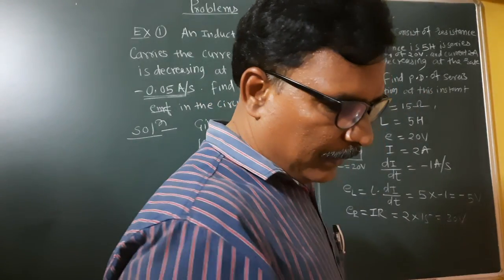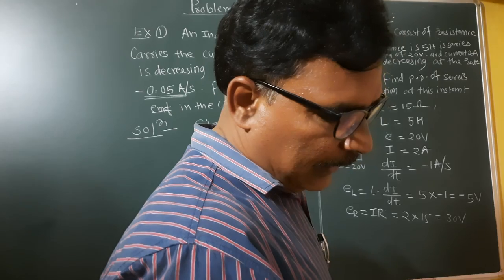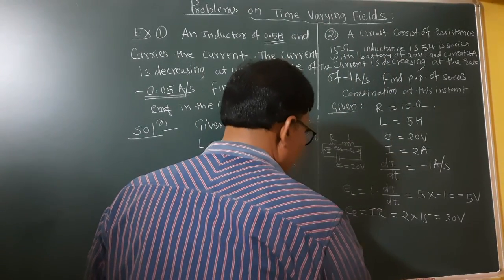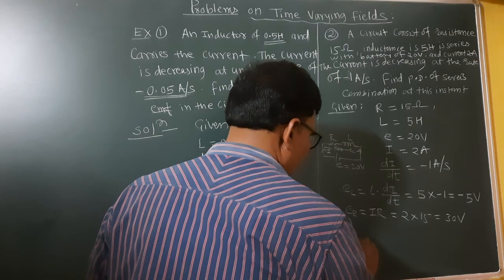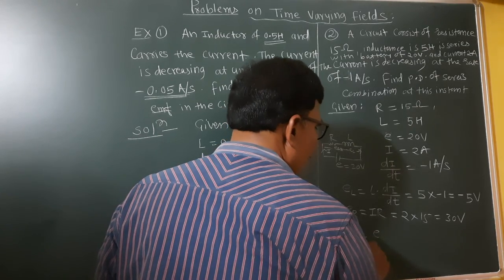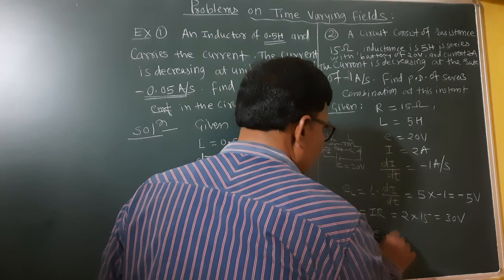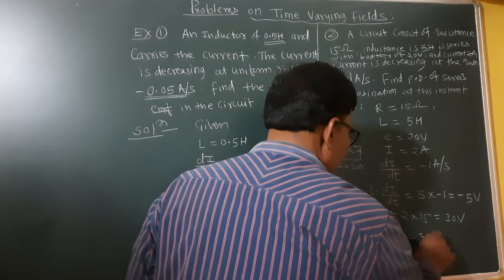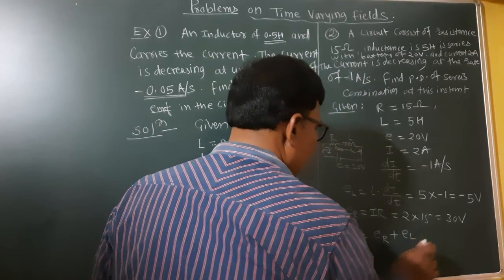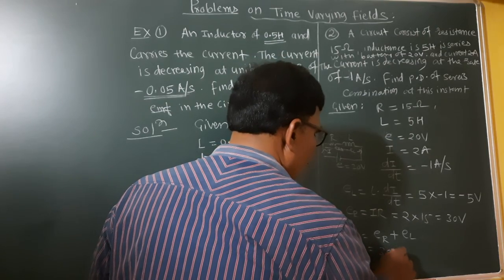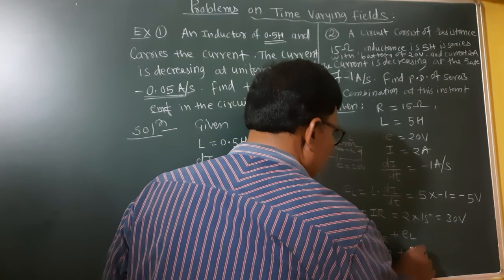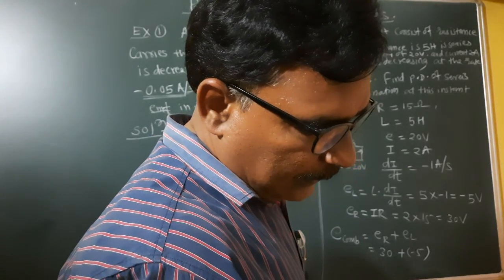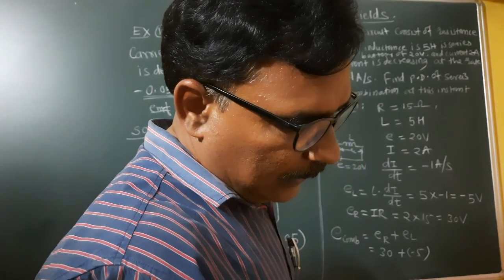In series, when these parameters are connected, the combined E is equal to ER plus EL, where ER is 30 volt plus the bracket of minus 5.